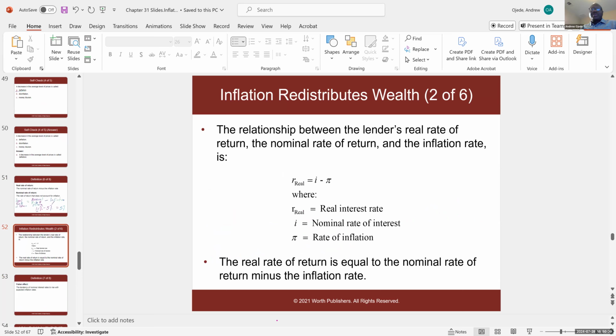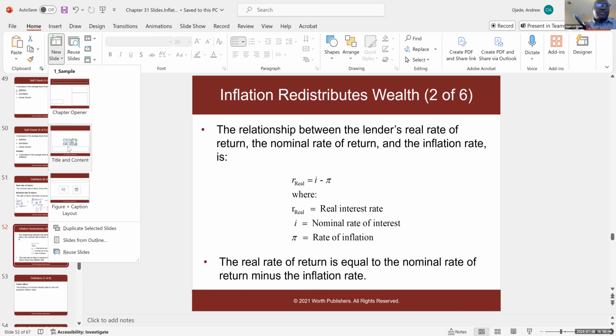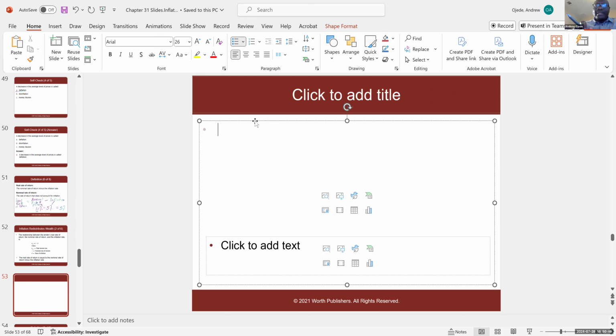So that leads us to the relationship between the lender's real rate of return, the nominal rate of return, and the inflation rate. Okay, so we can talk about the real interest rate. Here's going to be our notation. I'm going to define it shortly, what they mean.